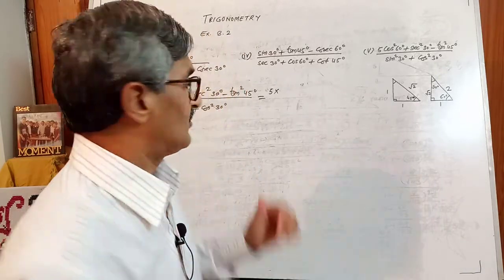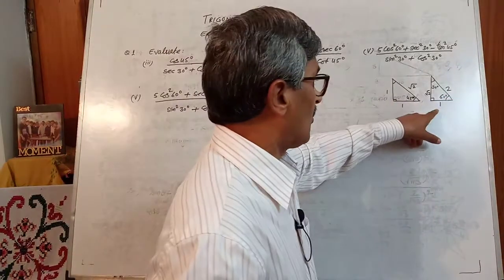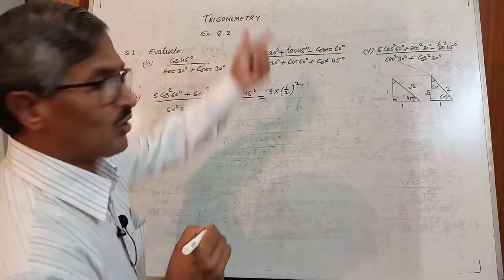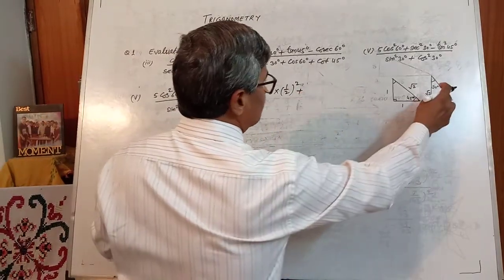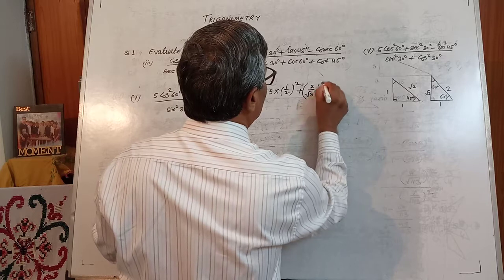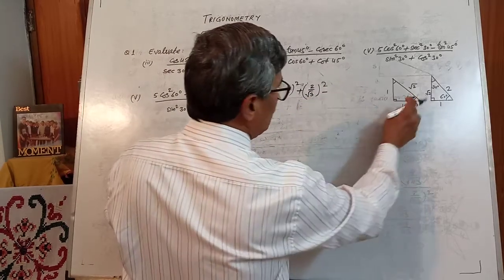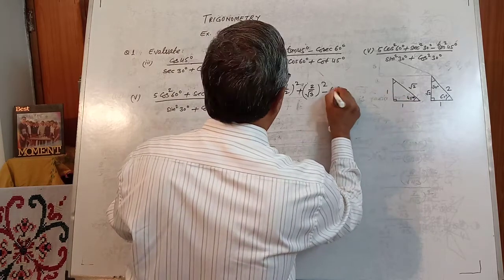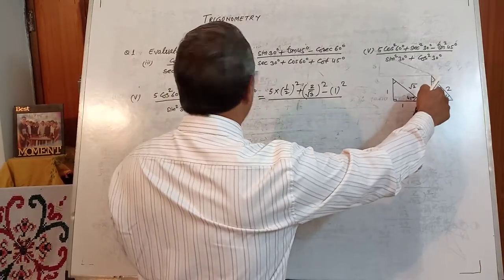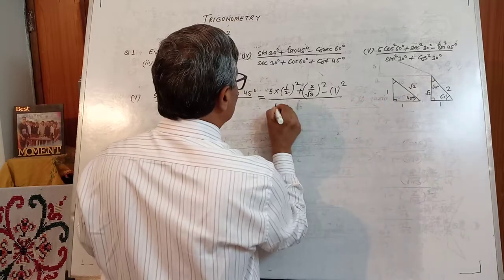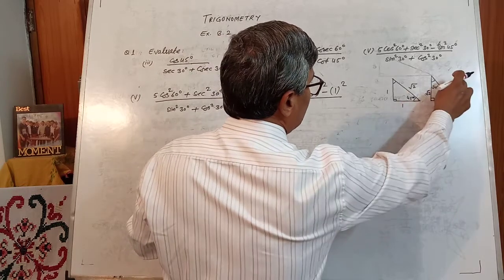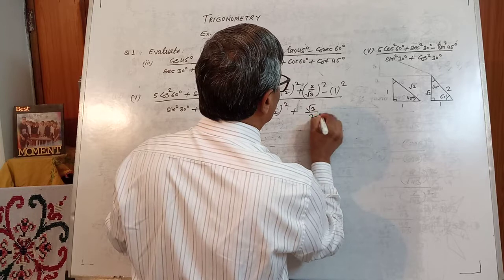We take the value of cos 60 from here: 1 by 2 whole square, plus sec 30 whole square, 2 by root 3 whole square, minus tan 45, 1 by 1 whole square, divided by sin 30, 1 by 2 whole square, plus cos 30 from here, root 3 by 2 whole square.